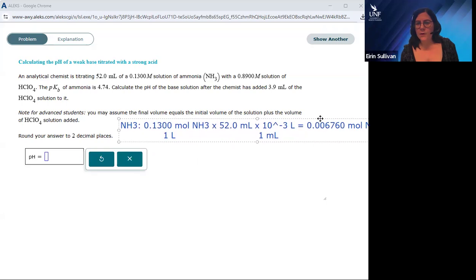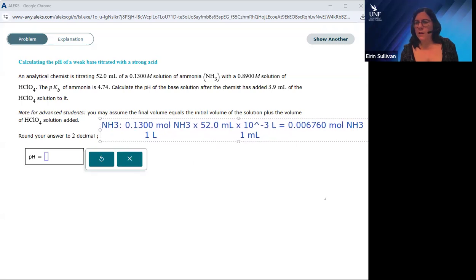All right, so that's how many moles of ammonia that we have, and then I need to do the same for the number of moles of acid that we have added. The key to this is if we have added fewer moles of acid than the number of moles of base that we have present, then we've only neutralized a portion of that.